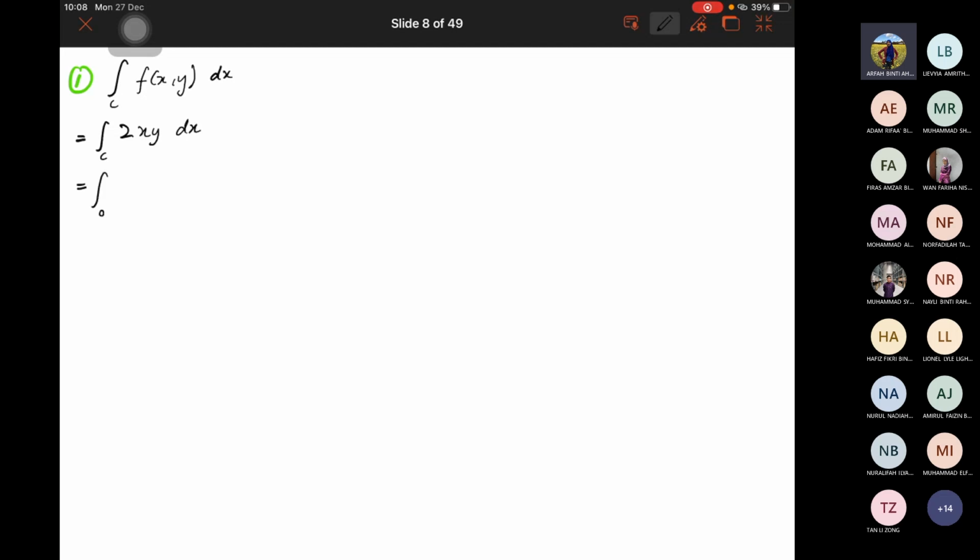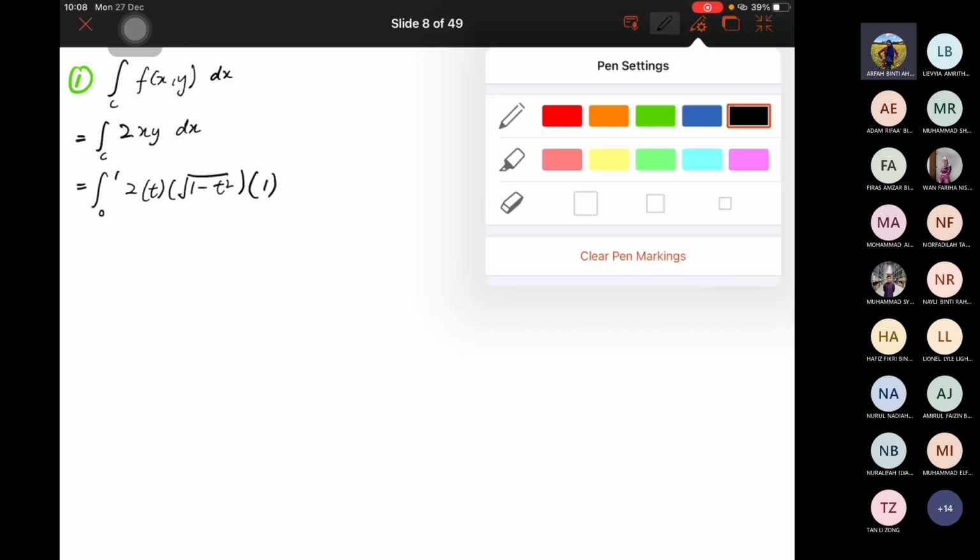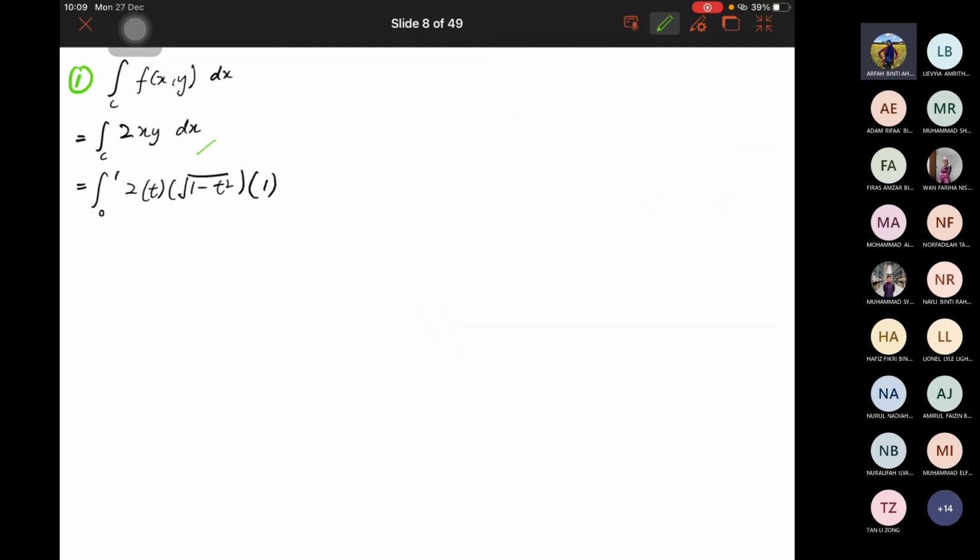So equal to integrate daripada kosong sampai 1 untuk t, 2, x is t, y is set 1 tolak t squared, okay, didarabkan dengan x prime t. This one from integration from a to b f(x(t), y(t)) x prime t dt. So x(t) awak sama dengan t, x prime t dapat sama dengan 1.